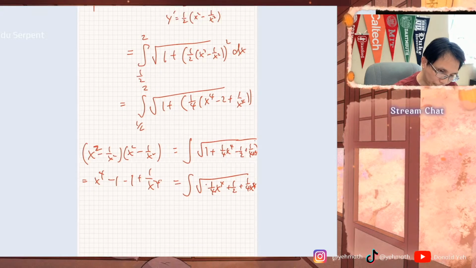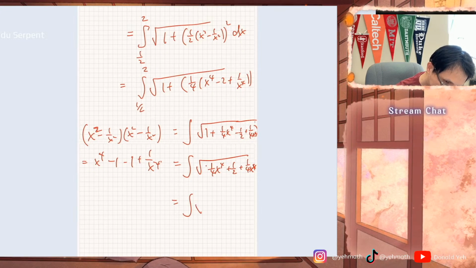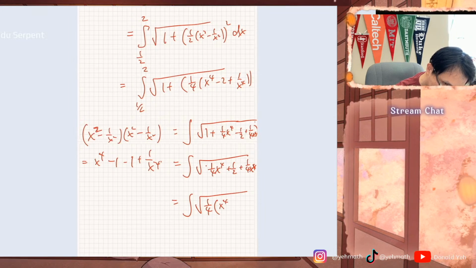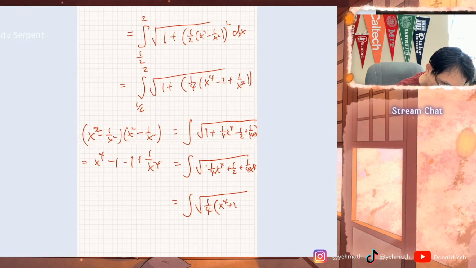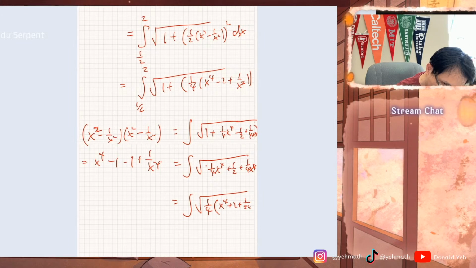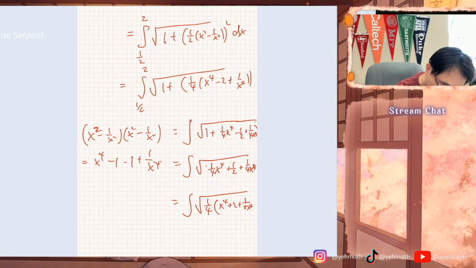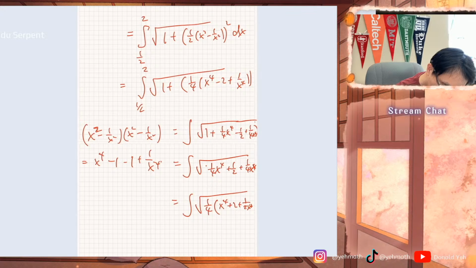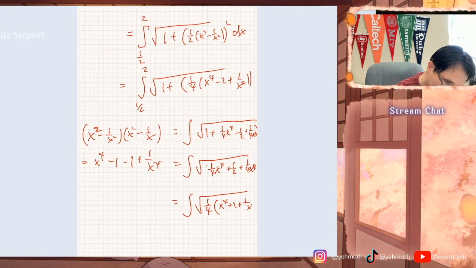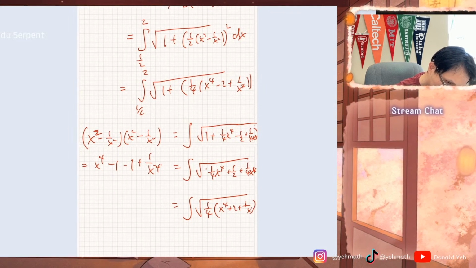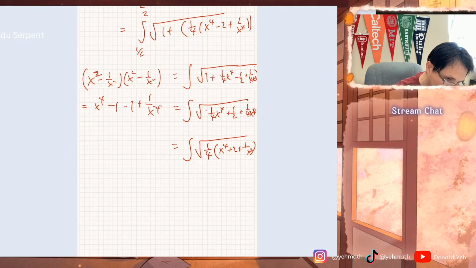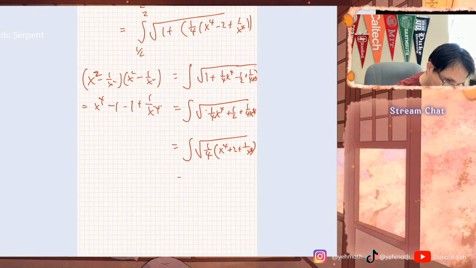Can I take out 1/4? And then that's going to give me what? X to the 4th plus 2 plus 1 over x to the 4th. And it actually turned out pretty nice. Why is that?